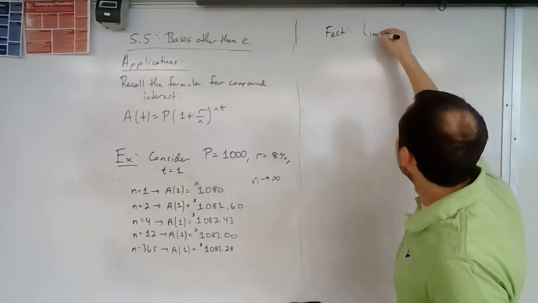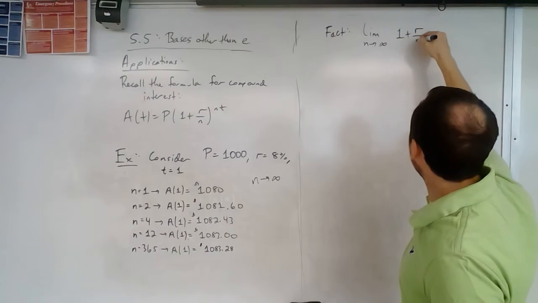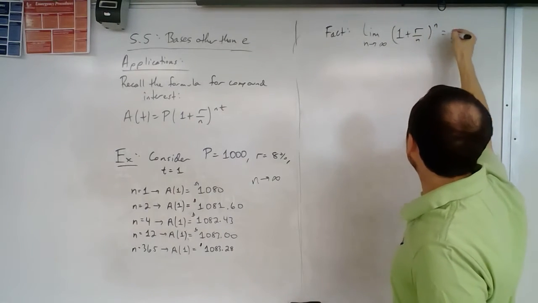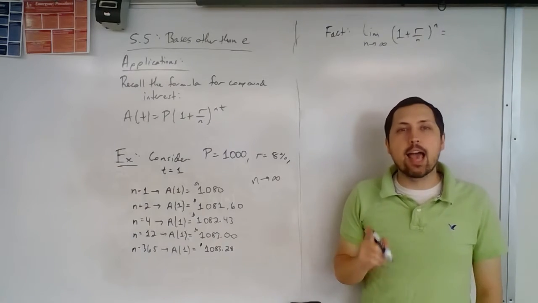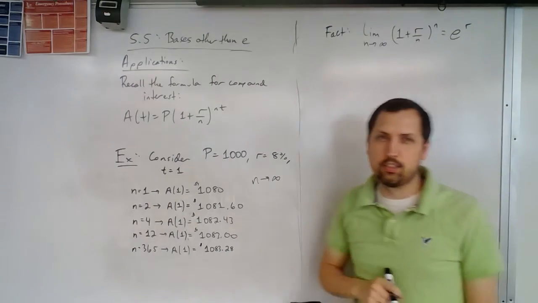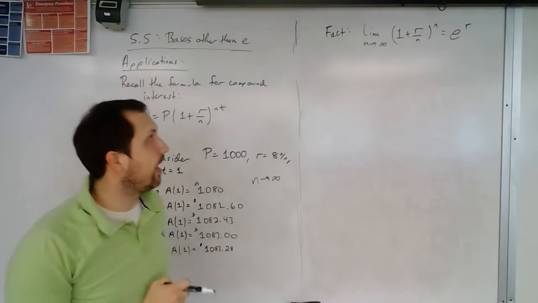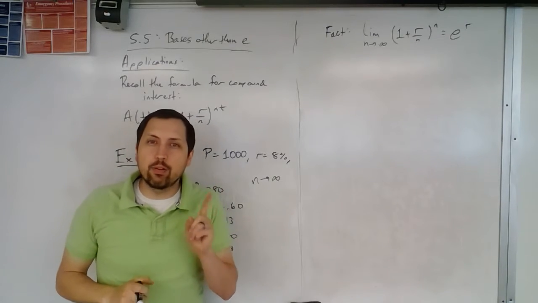So we get this fact: the limit as n tends to infinity of (1 plus r over n) raised to the n is e to the r. So e appears as a really nice limit.